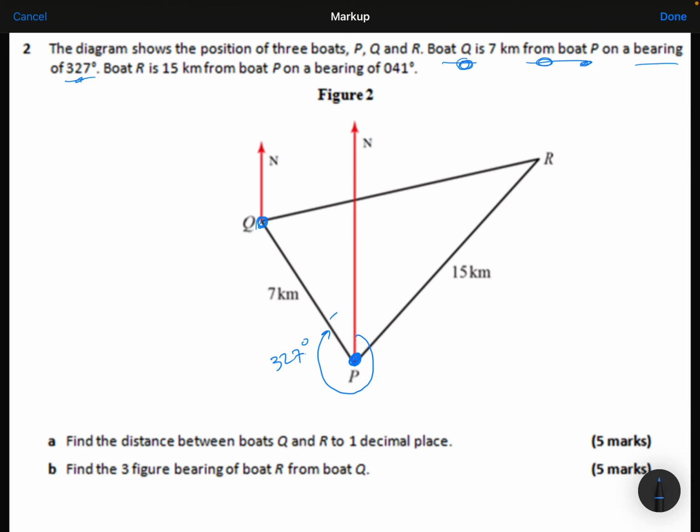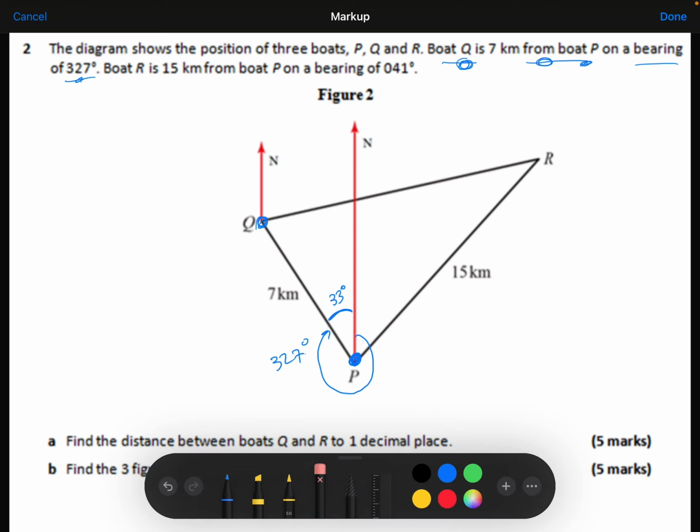Which means therefore that this angle here would have to be 33 degrees, because angles around a point add up to 360, and 360 take away 327 is 33. So I think that's a neater way of me putting that onto the diagram.